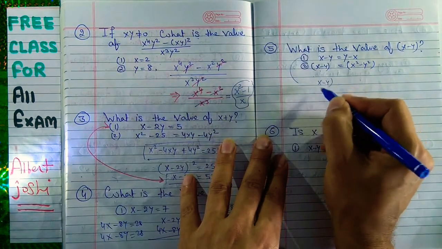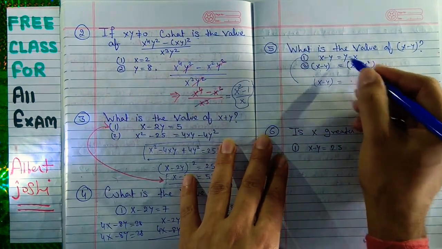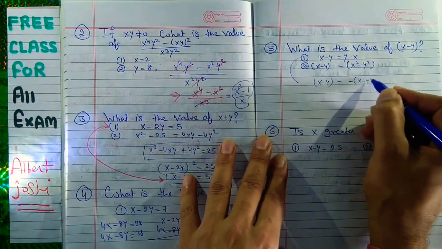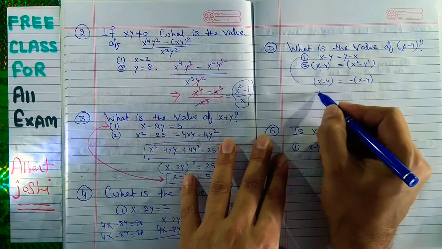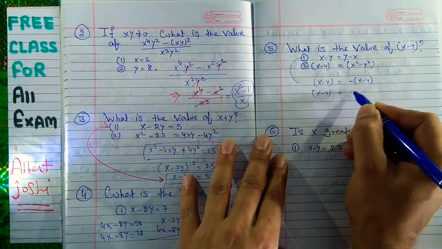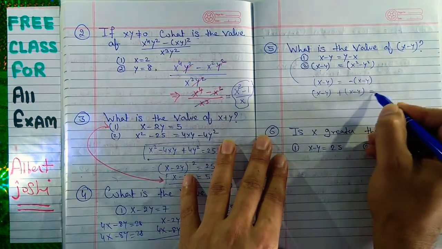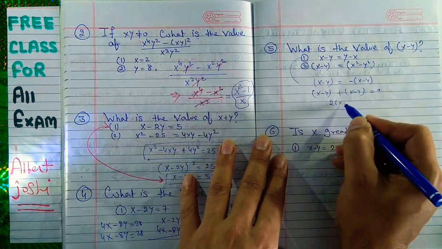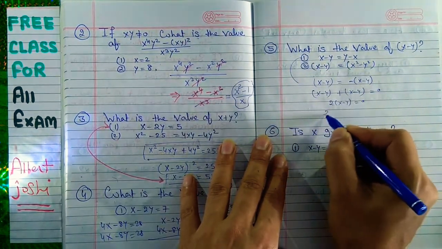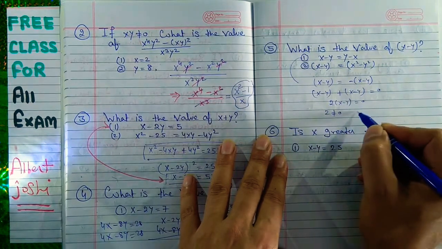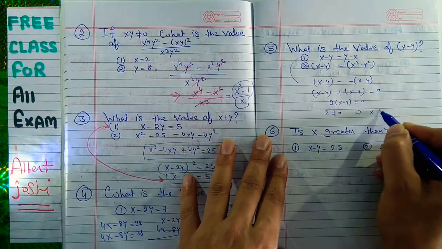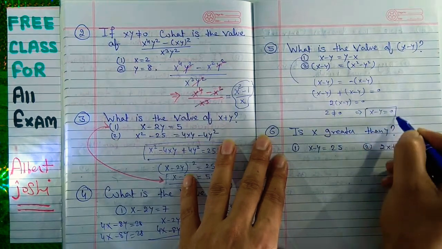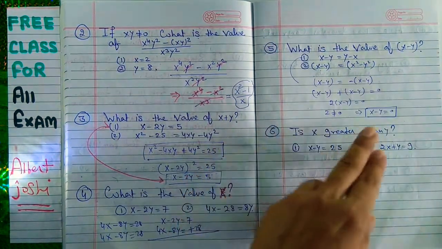You can take minus outside, this is also x minus y, so it will come here: x minus y plus x minus y is equal to 0. So 2 times (x minus y) is equal to 0. 2 cannot be 0, so it implies that x minus y is equal to 0. So by the help of only the first equation we have found this.